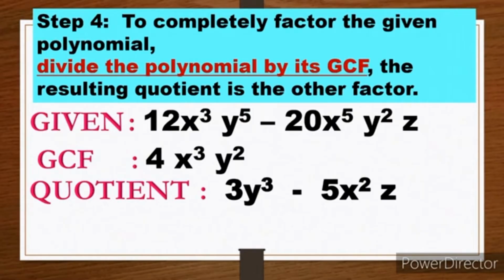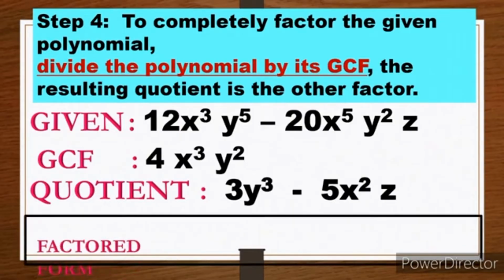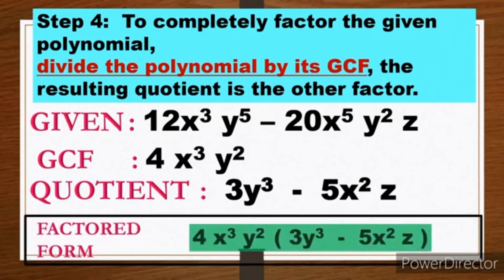Next term, we have negative 20 divided by 4. The answer is negative 5. Then x raised to 5 divided by x cubed. Subtract their exponent. 5 minus 3 is 2. Then y squared divided by y squared. 2 minus 2 is 0, so we can cancel y squared. And then we have z. So the quotient now is 3y cubed minus 5x squared z.